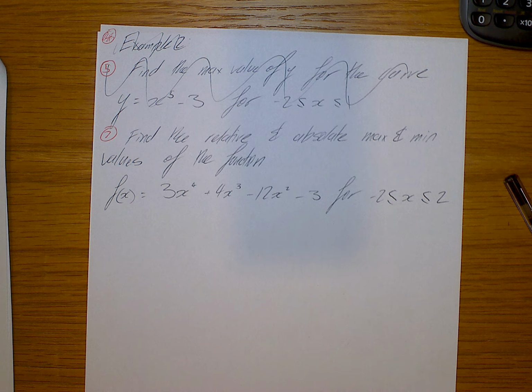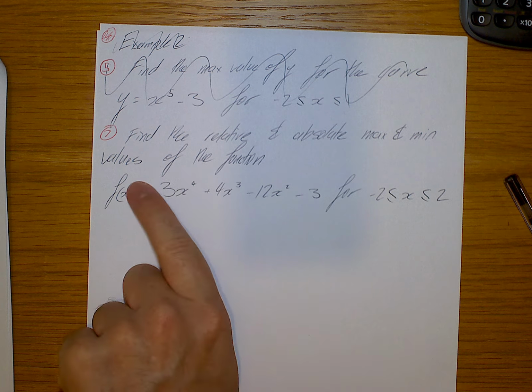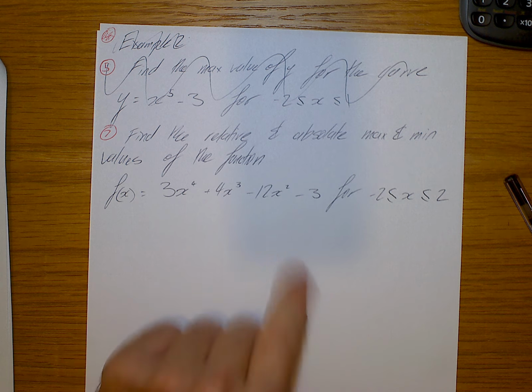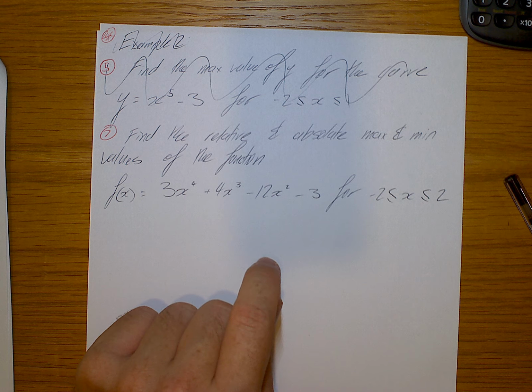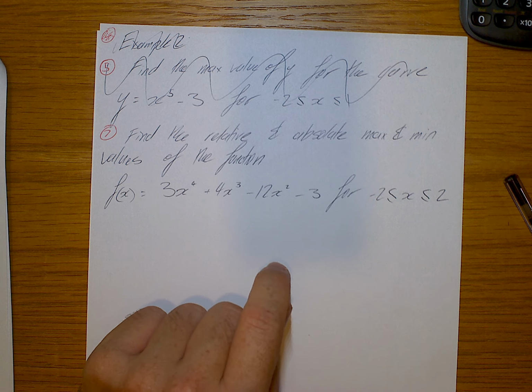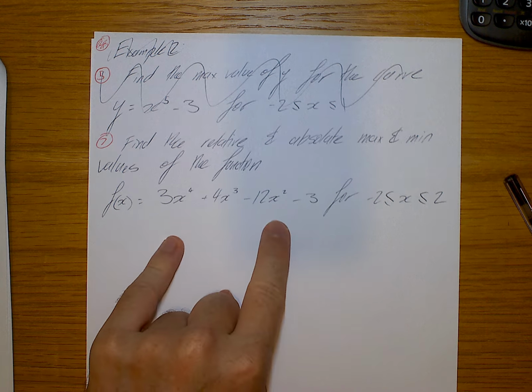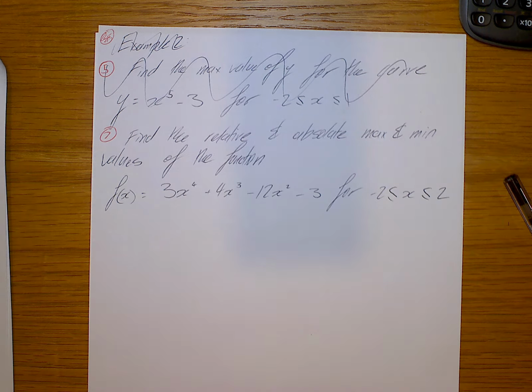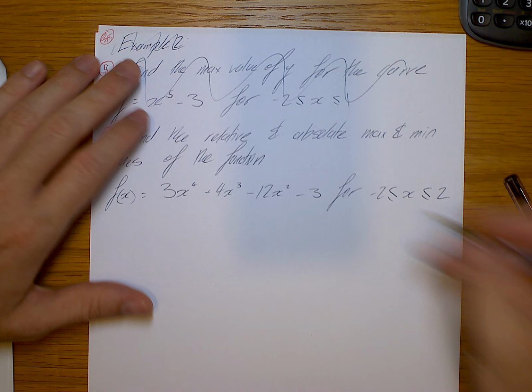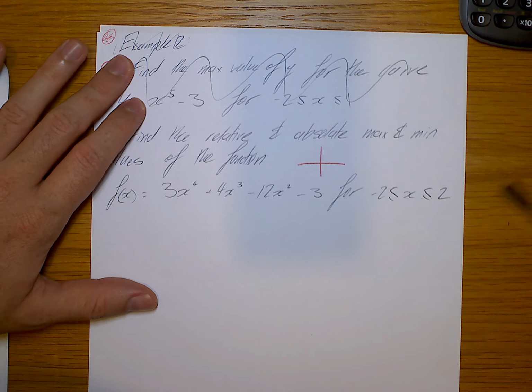When it says find the relative and absolute maximum and minimum, what I said before is true, but within the confines of when we're setting a domain, we can have multiple maximums and minimums. Let's say we have something really small.